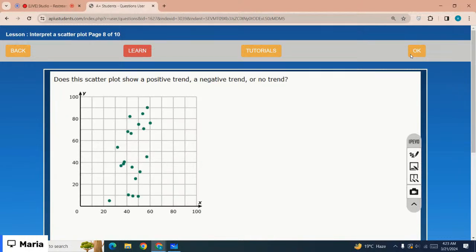Does this scatter plot show a positive trend, a negative trend, or no trend? Which is the correct option?